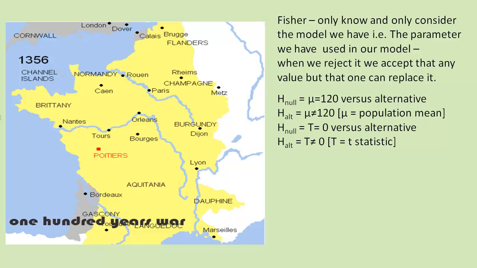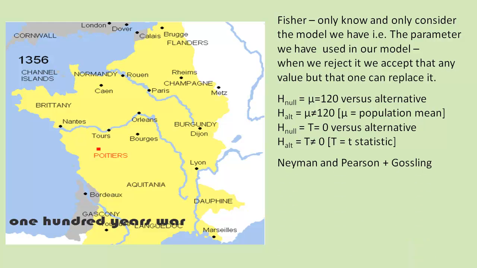From our PDF graph of our amylase/miracle drug data, we know we can express this also as t-values. That is, our null hypothesis is that t-value which is equal to 0 versus the alternative hypothesis that it is not equal to 0.